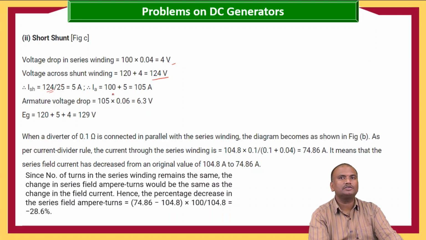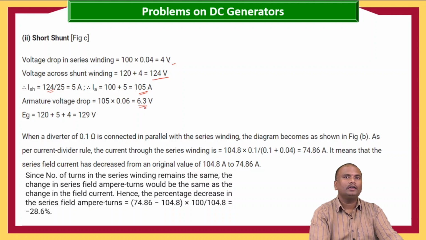So Ia is equal to 100 plus 5, which is 105 amperes. Now the armature voltage drop is equal to 105 into 0.06, which is equal to 6.3 volts. Now EG is equal to 120 plus 5 plus 4, which is equal to 129 volts.